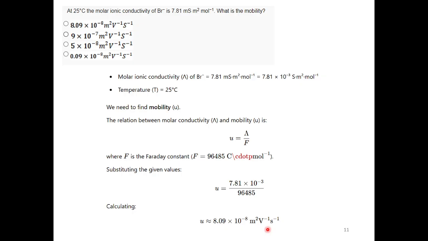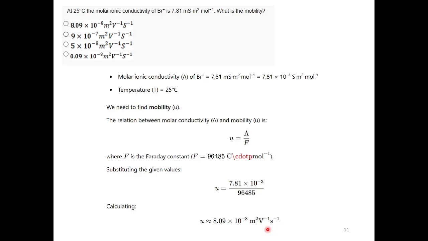So for a monovalent species, molar conductivity and equivalent conductivity are the same, but for a bivalent species like a divalent ion, you need to multiply the equivalent conductivity by the charge of that ion, that is multiply by 2, because this is a bivalent cation.